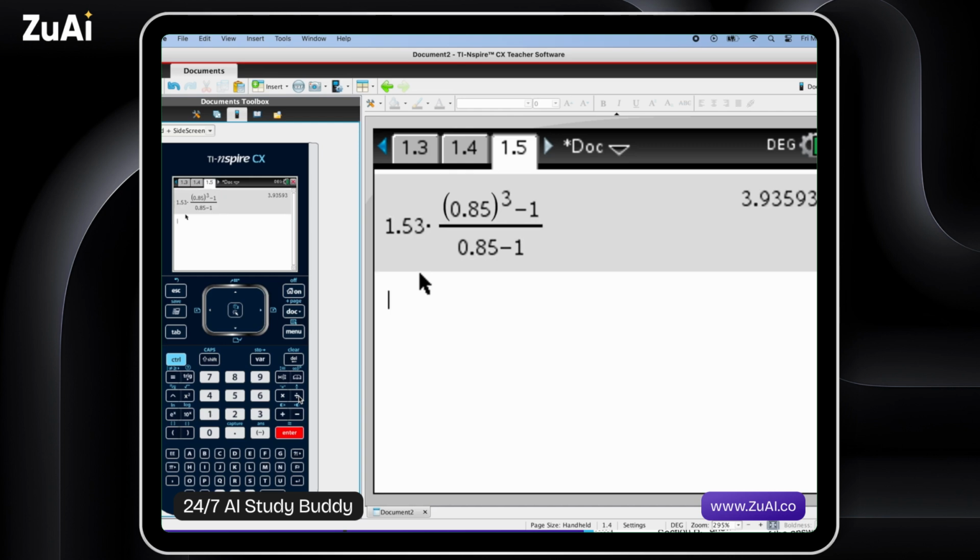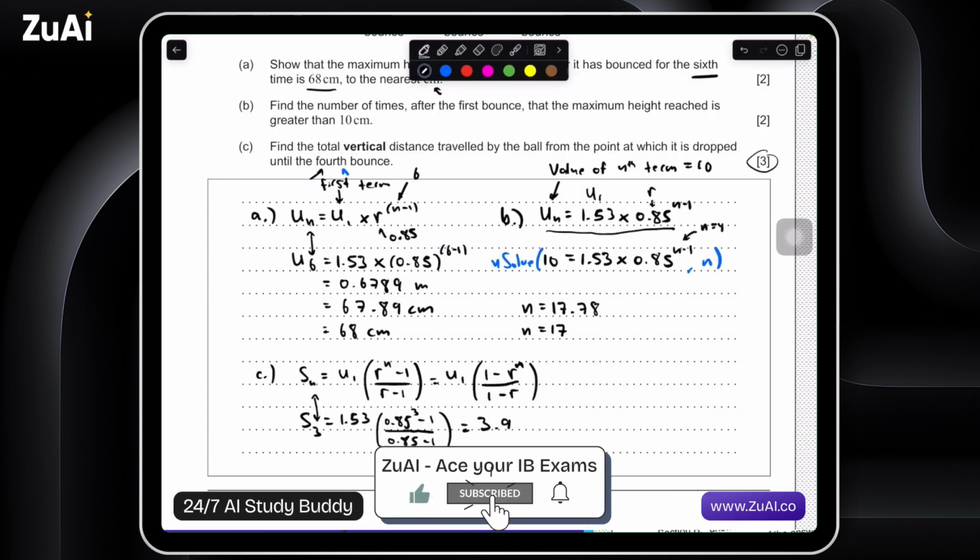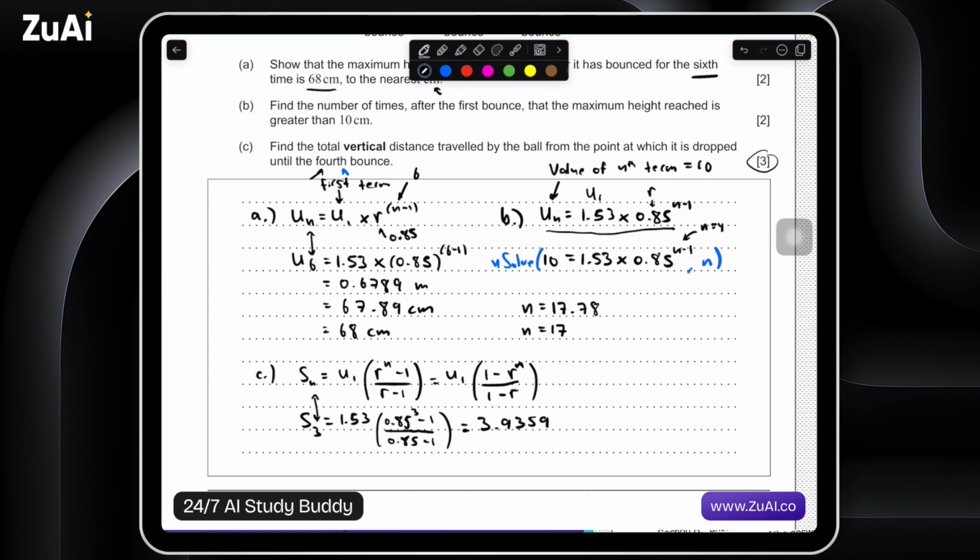Let's go back to the document. The value is 3.9359. Remember, this is all in meters so far. To 3 sig figs, I'm going to write this out as 3.94 meters.